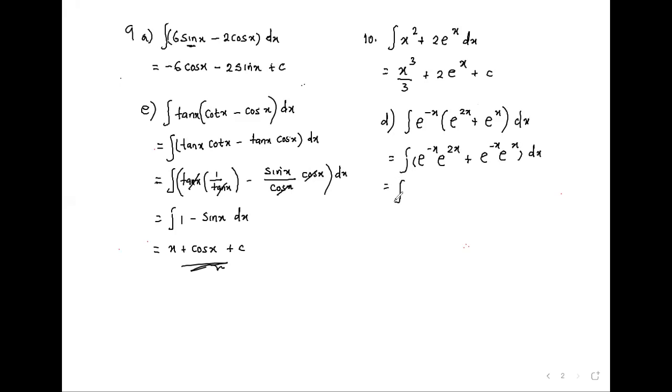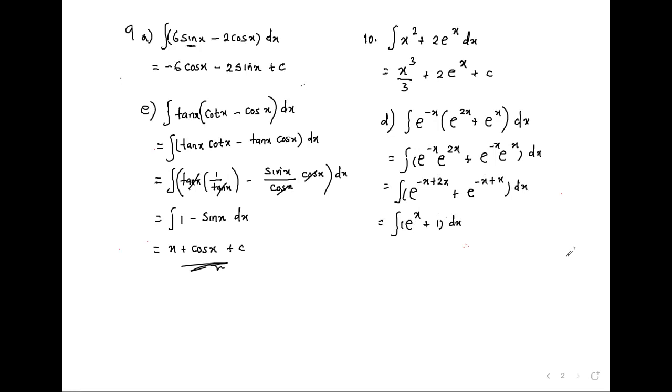Since we have the same base e, we go to the powers and add them. We haven't yet integrated, we are just adding the powers. Then we come down and say, okay, this is like e to the x plus 1. Plus 1 because e power 0 is 1.